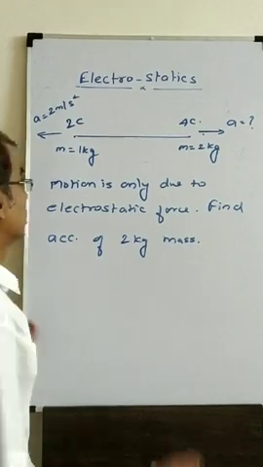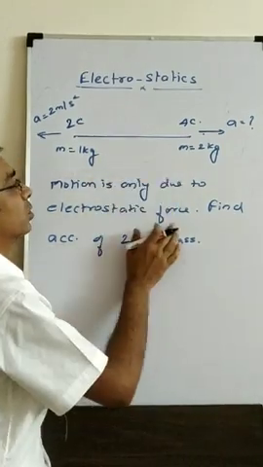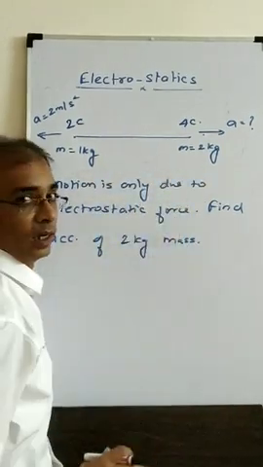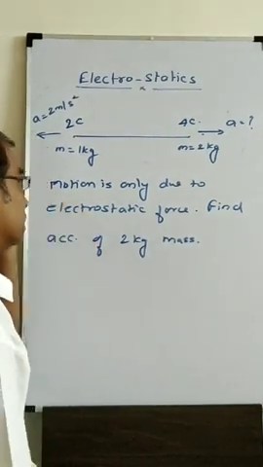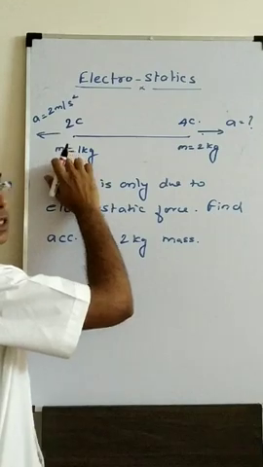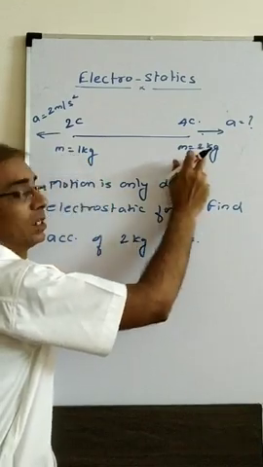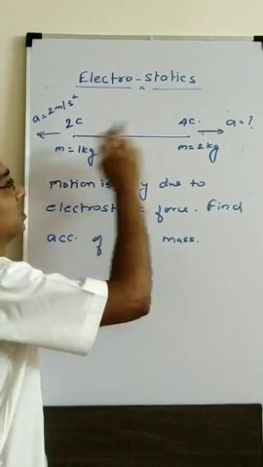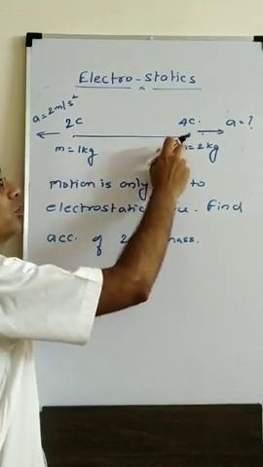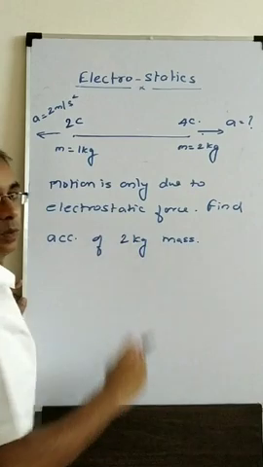Very simple. We know that electrostatic force is only responsible for their motion, and electrostatic force is an action-reaction force. That means the force acting on this object will be the same as the force acting on that object. The force on this due to this charge and the force on that due to this charge are equal and opposite.